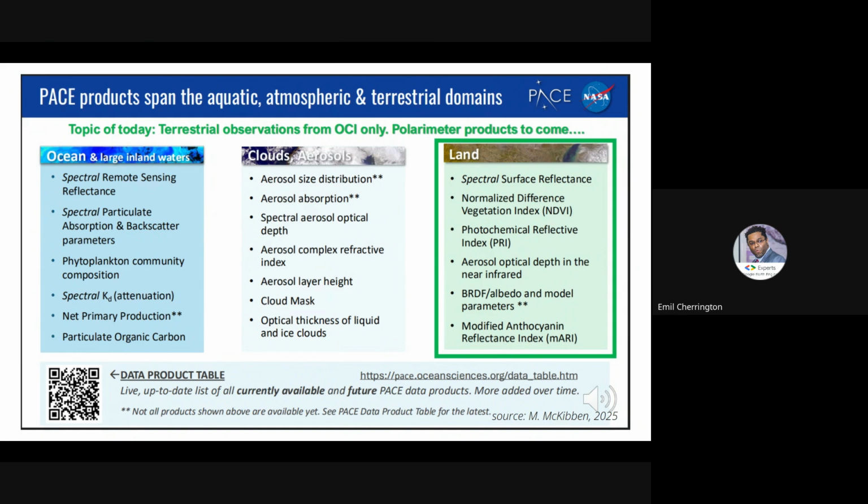And again, one of the really interesting things about PACE compared to other hyperspectral instruments is not only that the data is openly available, but that the data is collected on a daily basis, which is really incomparable to some of the other sensors, which only collect data fairly sporadically. In terms of data sets relevant to our purposes, not only is there provisional surface reflectance coming from PACE, but also a range of vegetation indices, like you've heard in some of the earlier talks.